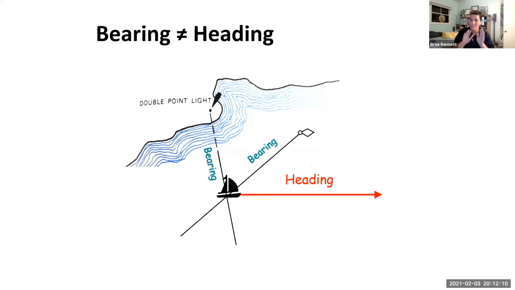But most times your heading is not going to be the same as your bearing. Those are two different things. Does that make sense? We're heading in one direction and we're getting bearings of where things are around us, but our heading is still the same. We haven't changed our heading. Okay.